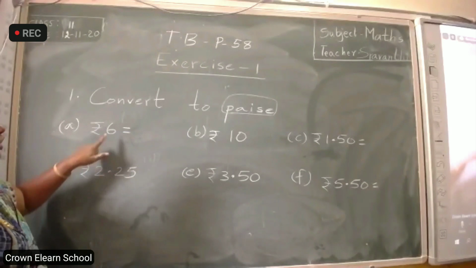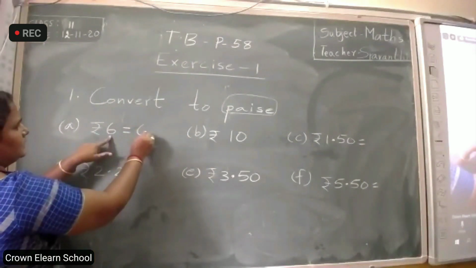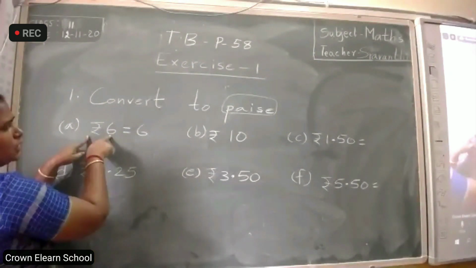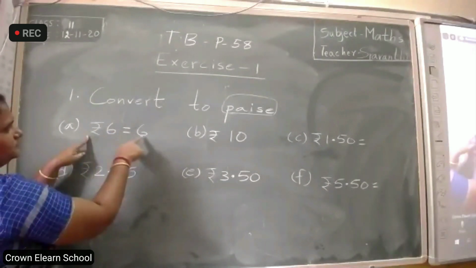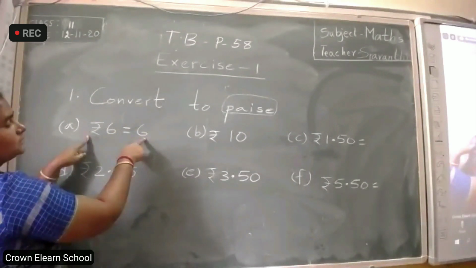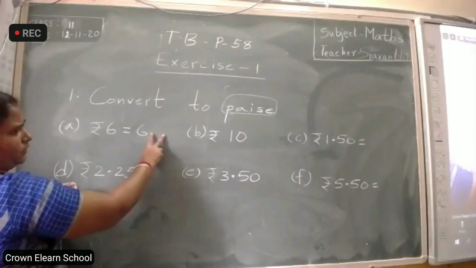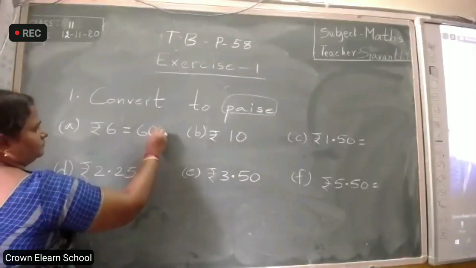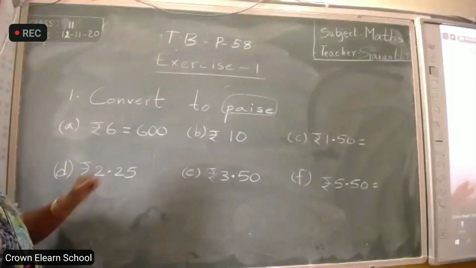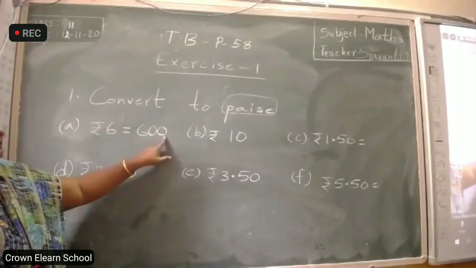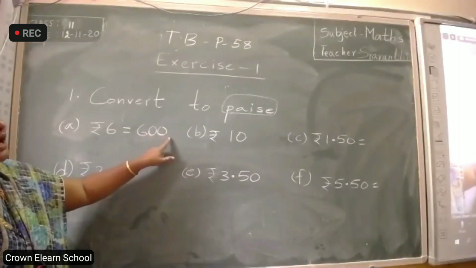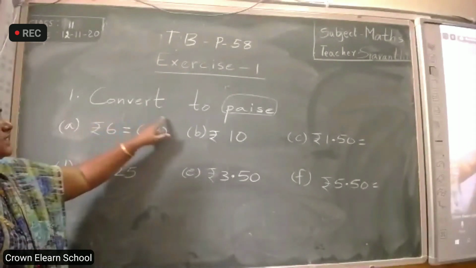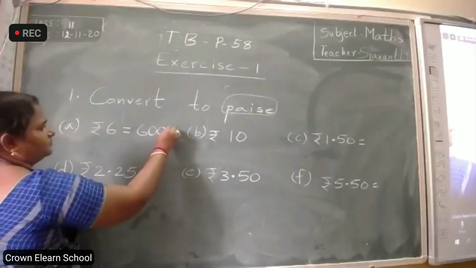What do we do? Same 6. Here the number of rupees is 6, no? 600 what? Rupees change to paise.